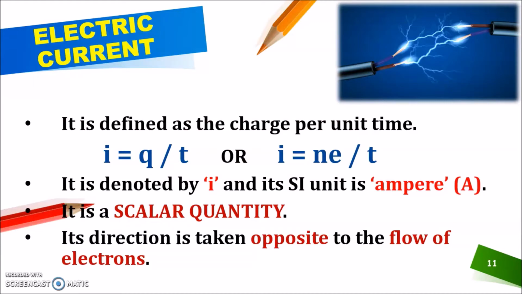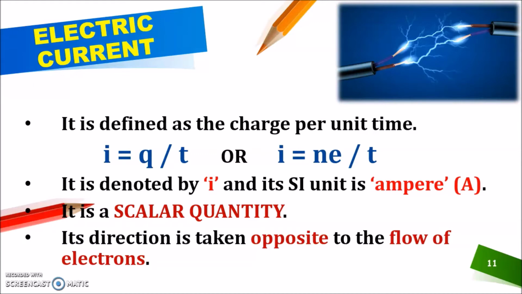So first we have to understand the concept of electric current. What is the meaning of this term? It is defined as the charge per unit time, or we can say that the rate of flow of electric charge or electrons through a conductor is called electric current.